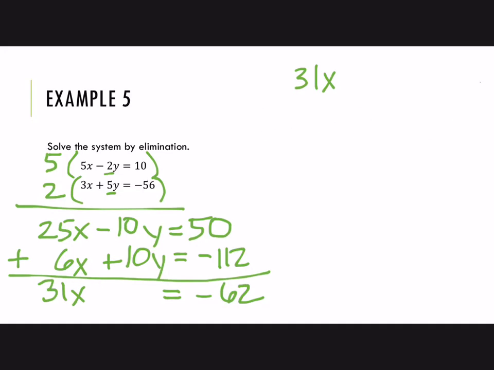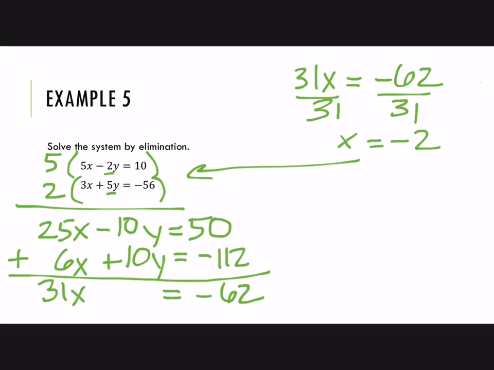So I have 31x equals negative 62, and then I can divide both sides by 31 to see that x equals negative 2. Now same thing to find y, I just plug this back into either of the original two equations. So if I choose the first one, then I get 5 times negative 2 minus 2y equals 10.